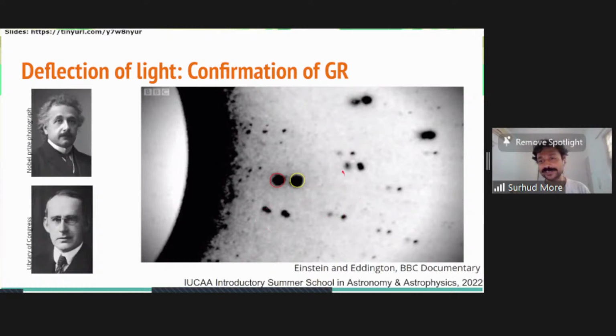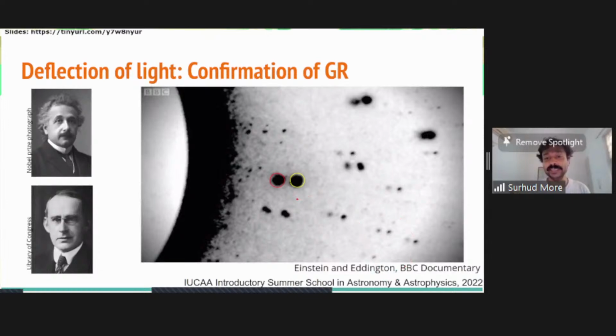So you're seeing these doublets, and the reason is that the first image is when the eclipse happened, and the second image is when there was no sun nearby, right? And so if there was no deflection at all, these two images should have lain on top of each other. But because there is a deflection when the sun is present during the eclipse near these stars, these two locations are no longer coincident.